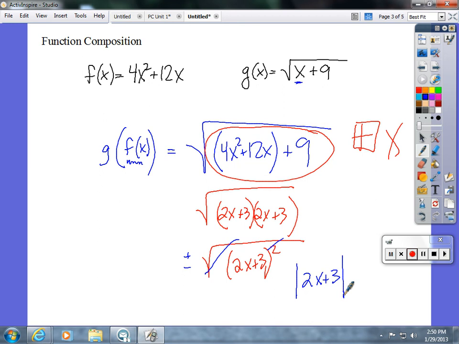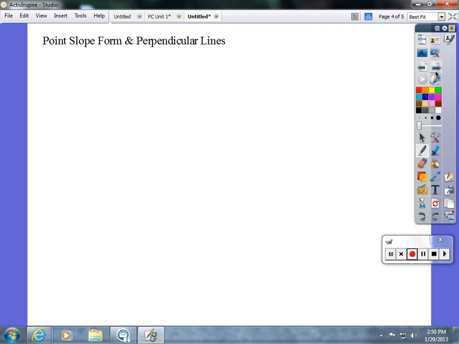Okay? Moving on. Point slope form and perpendicular lines. So I'm just going to throw one at you real quick. Let's say we have y equals negative 2/3 x plus 5.